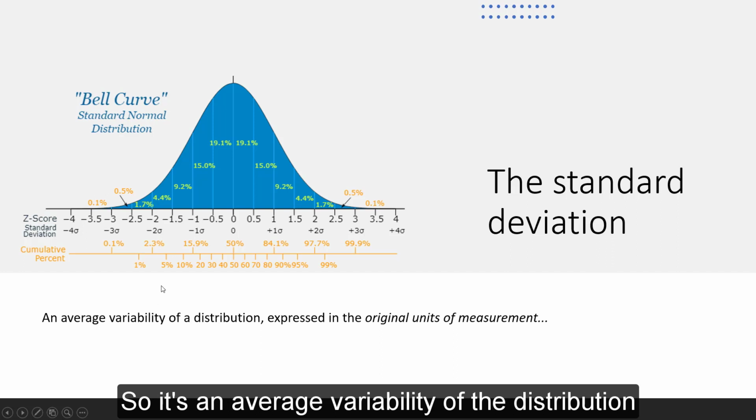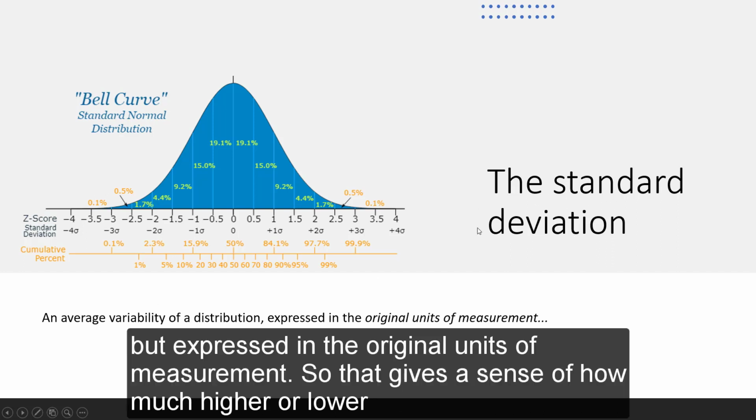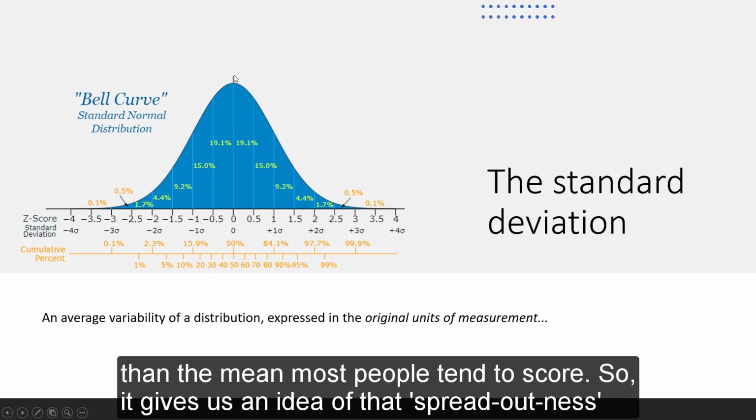So it's the average variability of the distribution, expressed in the original units of measurement. That gives us a sense of how much higher or lower than the mean most people tend to score. So it gives us an idea of that spread.